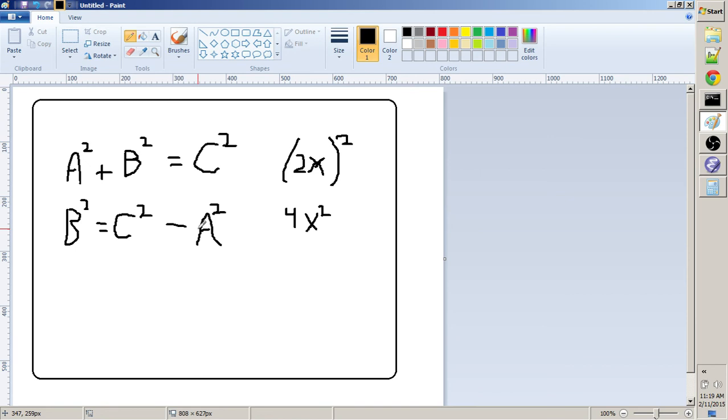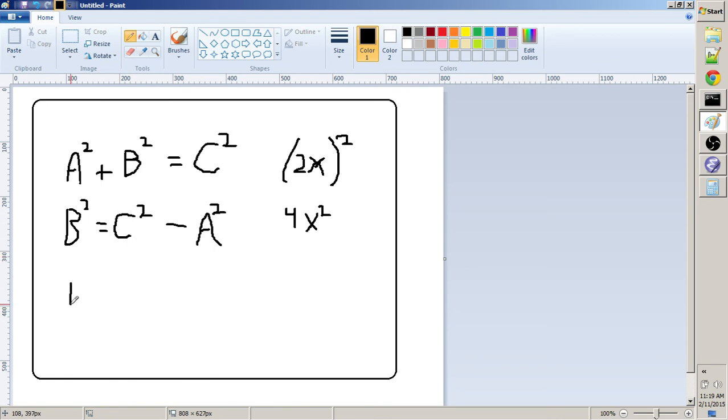So if I take the 2c and 2a, so I don't divide them by 2 basically, I would get 4c squared minus 4a squared, and that equals 4b squared, right? And then if I divide that 4 out, obviously we're right back to the same equation, so it would actually give us the same b.